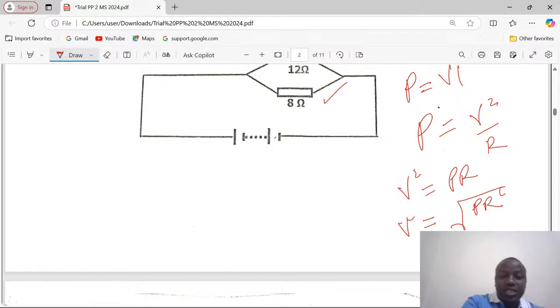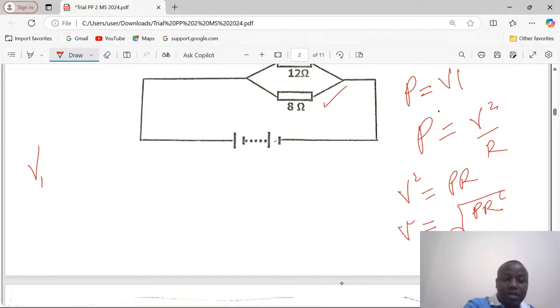So what is the voltage in the 12 ohm resistor? It is going to be the square root of the power there, which is 6, multiplied by the resistance there, which is 12.